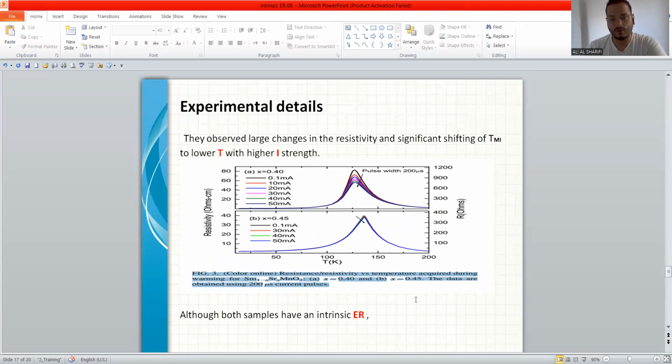Here, I take all of them together. Here, 127. Here, 137, approximately Kelvin. The different amounts of current are in both of them, but here start from 1 until 50, here from 0.1, but ignore the 10 and 20, and the same until 50 milliampere.